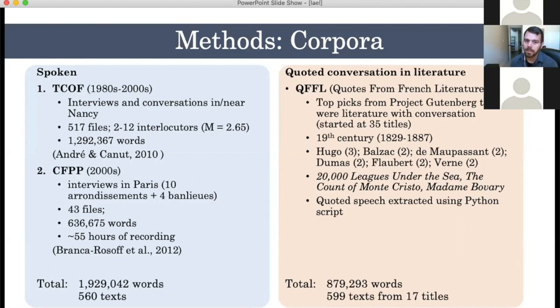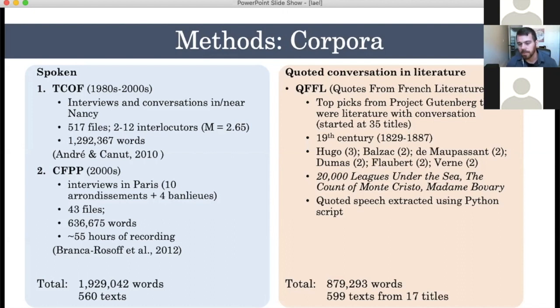I'm calling this the QFFL, quotes from French literature. I used the freely available books in Project Gutenberg, all 19th century as well, which is a commonly studied era of literature. 1829 to 1887 is what I came up with in terms of the top 35 titles.